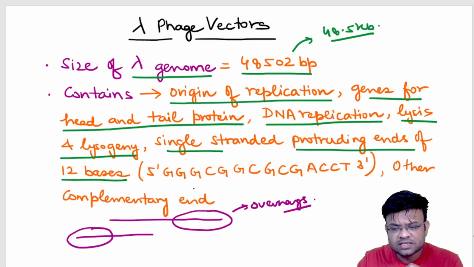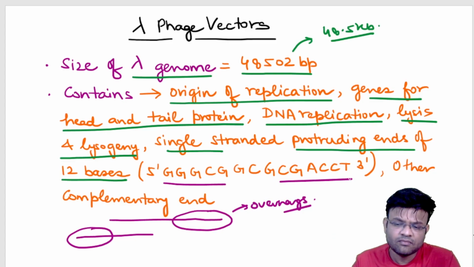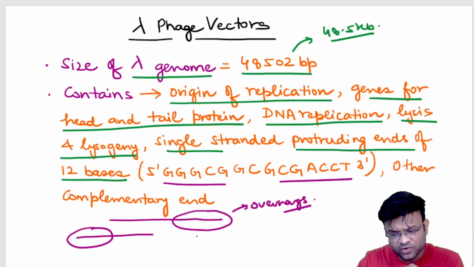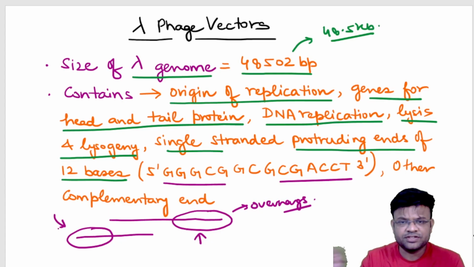So this is the configuration of the overhang that is present. Okay, so it is present on both the ends. For example, it is present over here also and it is present over here also. I would be talking more about this as the lecture proceeds.